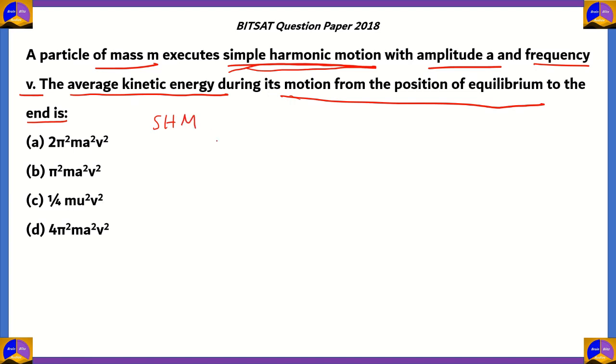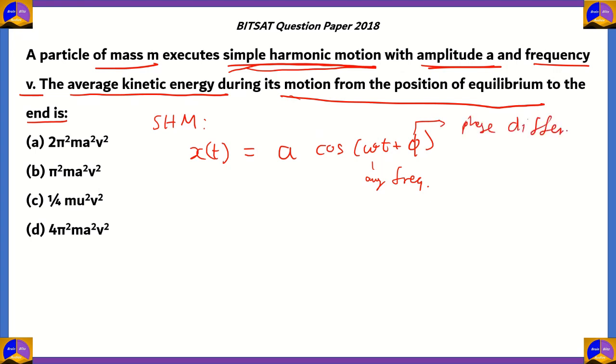So in an SHM, the displacement in terms of time can be represented as a cos of omega t plus phi, where a is the amplitude given, omega is the angular frequency, and phi stands for phase difference.